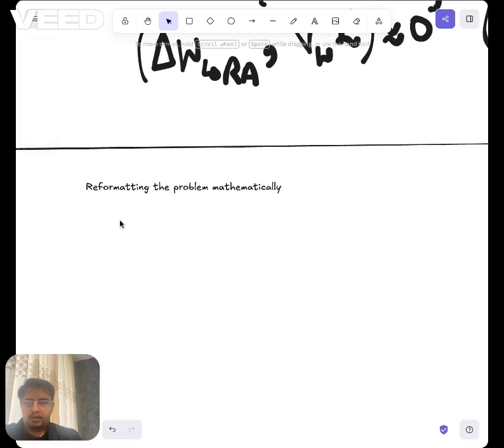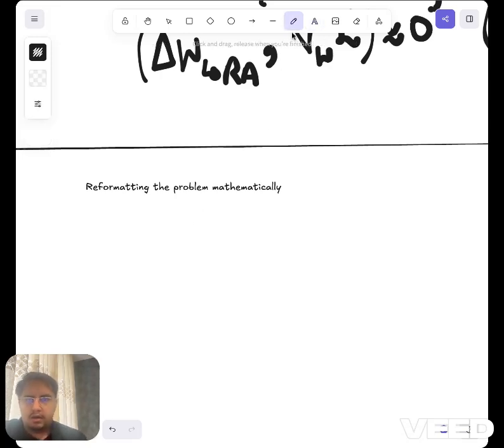Cool. So let's say there's a given matrix G, and we want to approximate it using a rank R matrix, right?